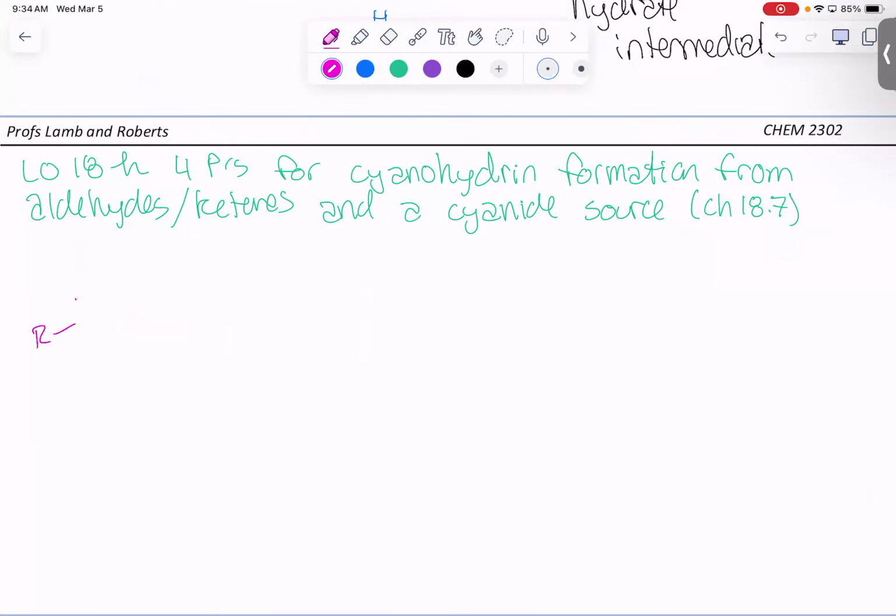All right, so we said we start from an aldehyde or a ketone. This is part of our starting material here. And at the end of the day, we're going to have some form of acid and some form of cyanide.